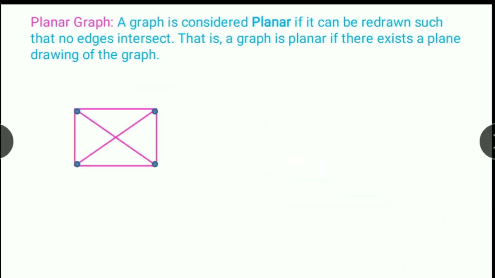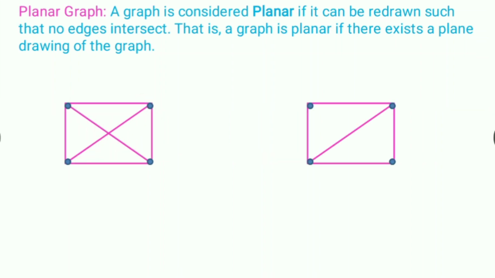Next is the planar graph. A graph is planar if it can be redrawn such that no edges intersect each other. Suppose I have this graph. Here you can see this edge is intersecting with this edge. But if I remove this edge, I can place it on this side.